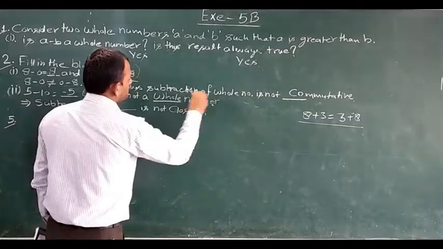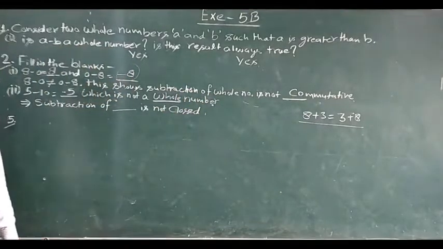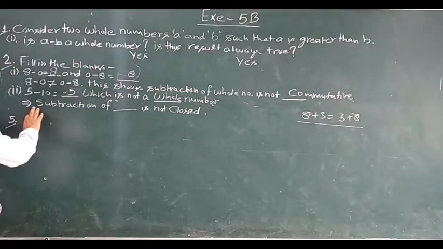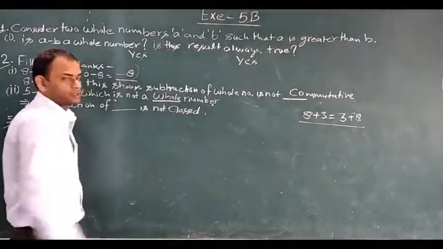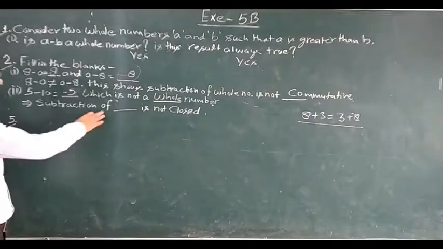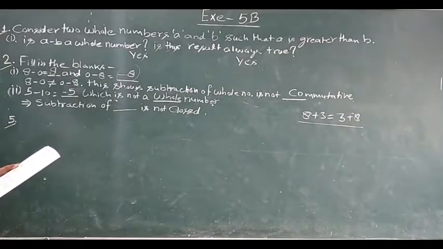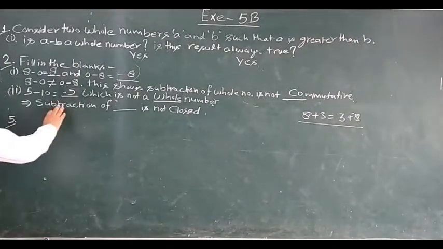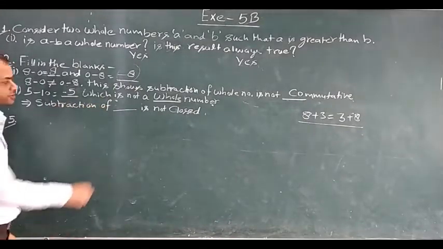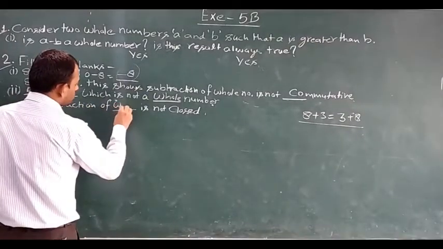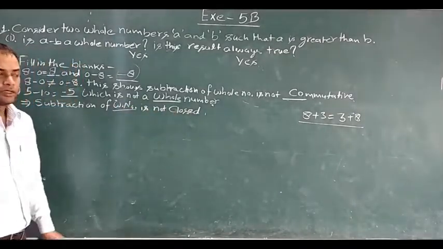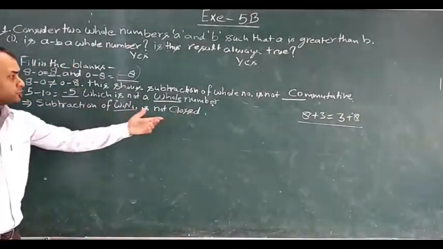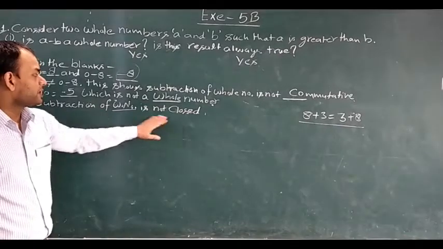I told you earlier that a negative value is not a whole number. Now the second part: subtraction of whole numbers is not closed. It means the closure property is not followed by subtraction.